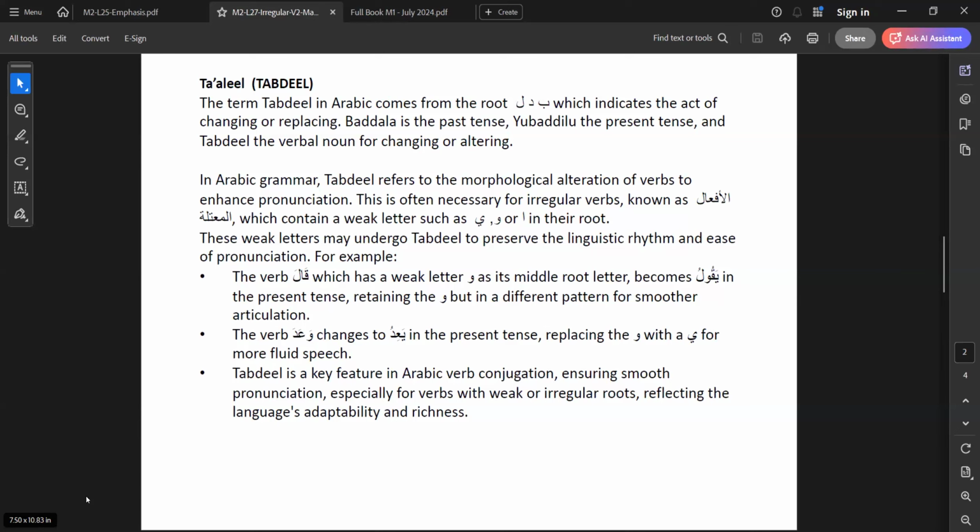So the bit you need to work on is, I think, the Mu'tal categorization. If you remember Manal, M-A-N-L, then you'll remember that after Mu'tal is Mithal, Ajwaf, Naqis, and Lafif. Because I think other areas you're fine, so you're halfway there, mashallah. When the other students go for it, please pay attention and say it out loud.